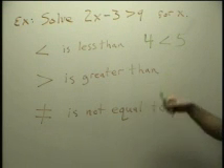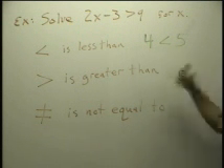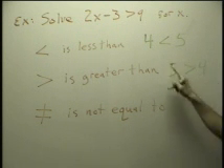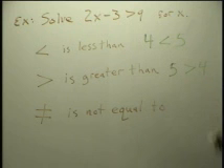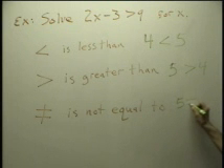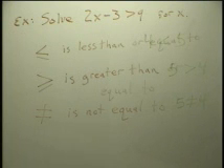Okay? So then is greater than, if we just turn this around, this is read 5 is greater than 4. Okay? And here 5 is not equal to 4. All of those are true statements.